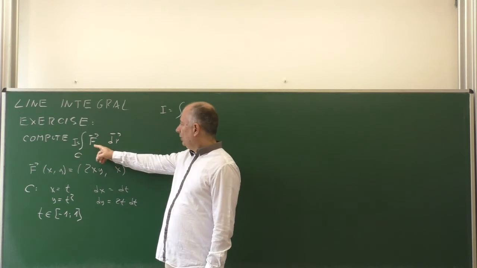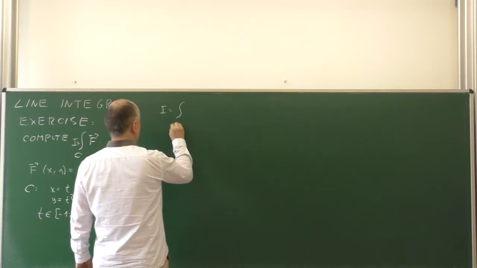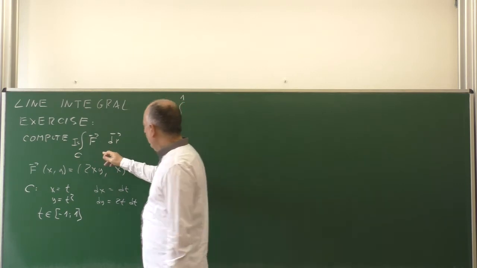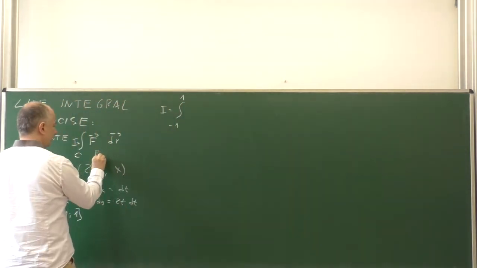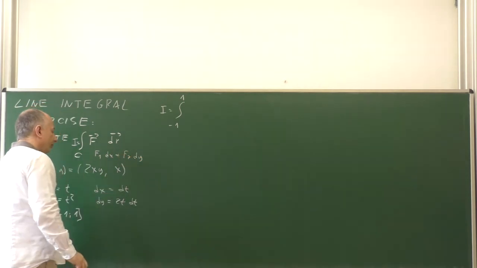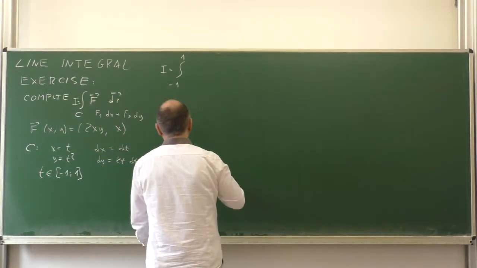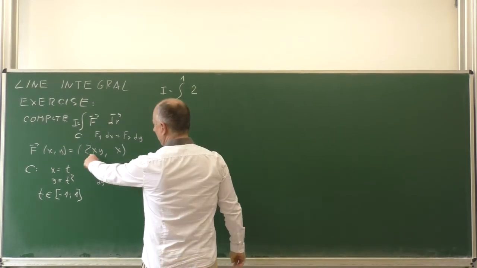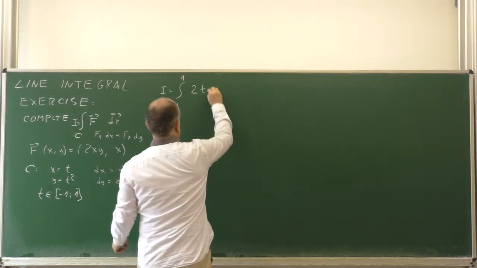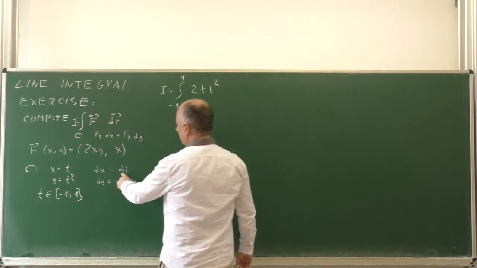We will write each expression as a function of t, and t runs from -1 to 1, and this is f1 dx plus f2 dy. f1 is equal to 2xy, x is t, y is t squared, times dx, which is dt.